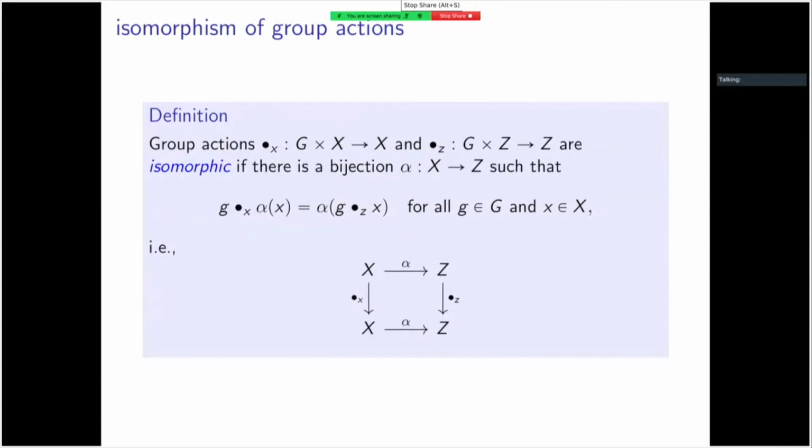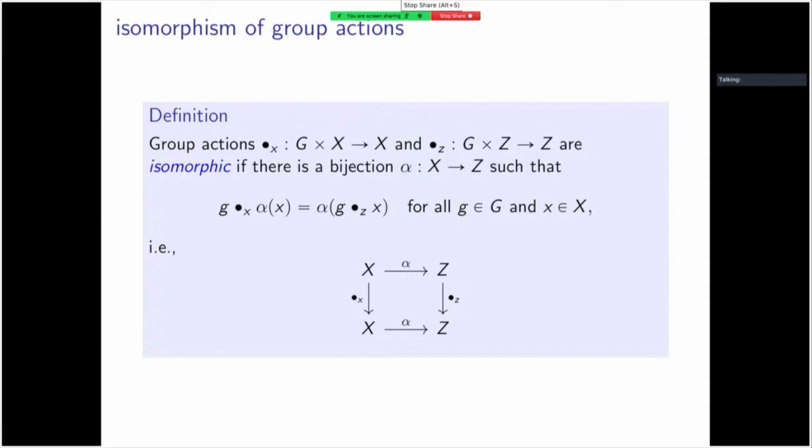And just as for species, we can define when two group actions are actually isomorphic. It's just the same as when two species, when the functors are isomorphic, or the proper language would be naturally equivalent.